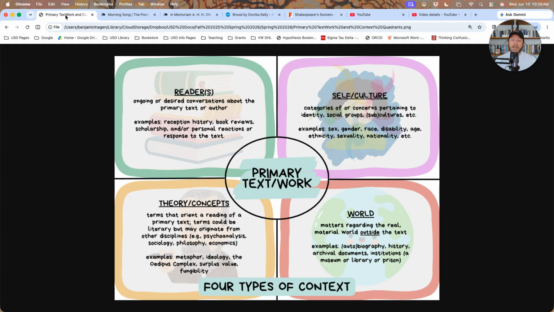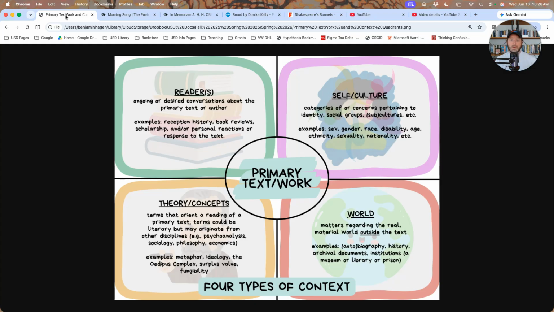And it's useful because it helps me orient research projects according to what I still need to know, or where I think my interests can make the most good or the best interventions in existing conversations or scholarship.